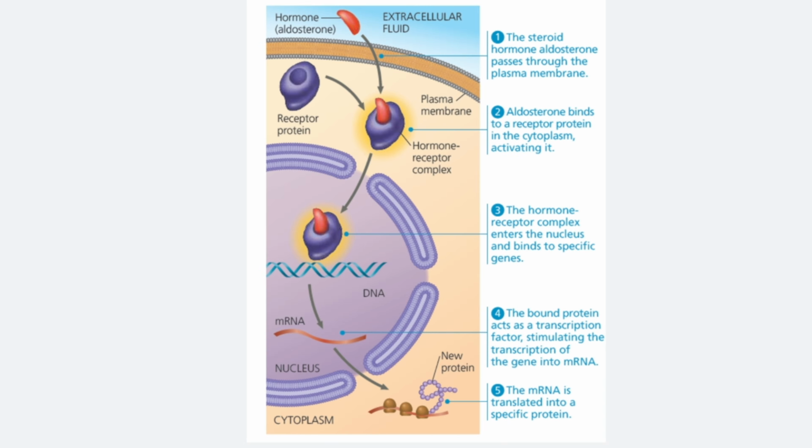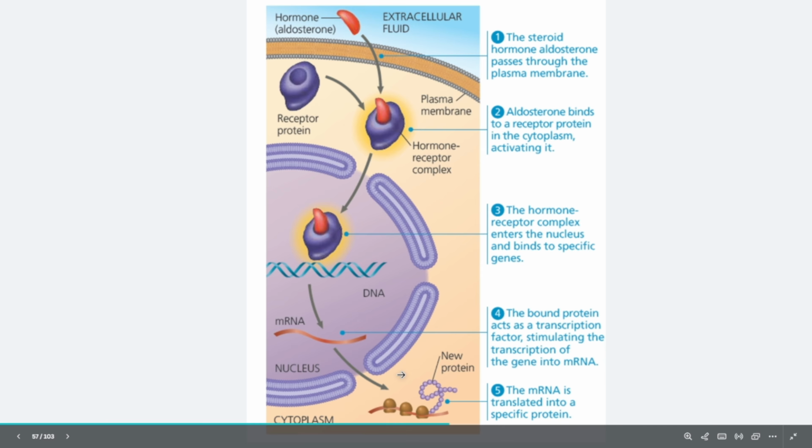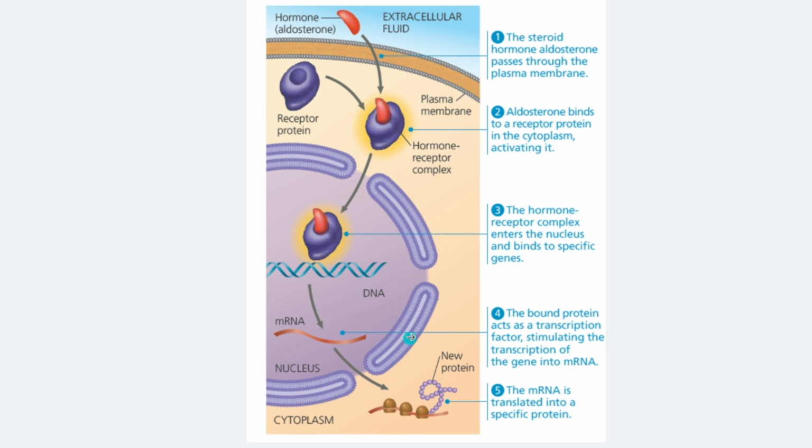The bound protein acts as a transcription factor and will stimulate the transcription of the gene into mRNA. So it involves transcription and translation that you already learned in semester 1, chapter 2.